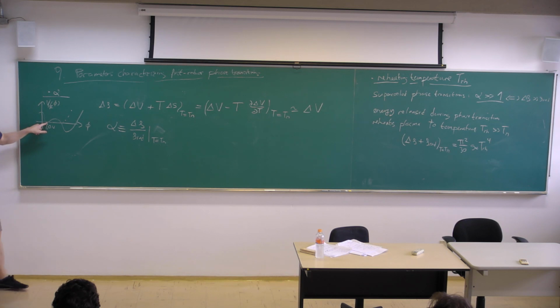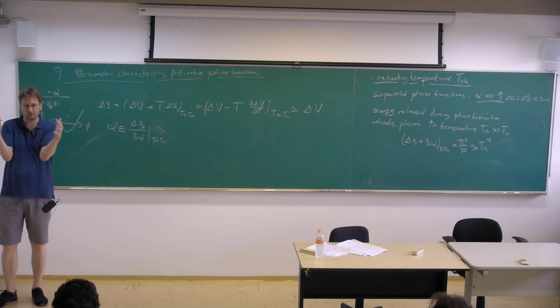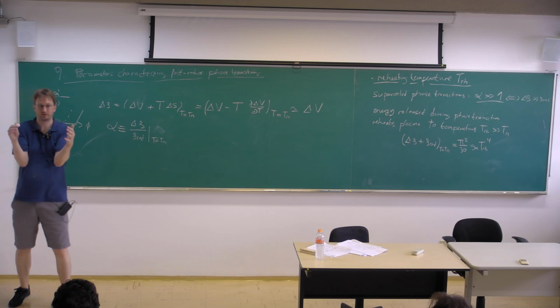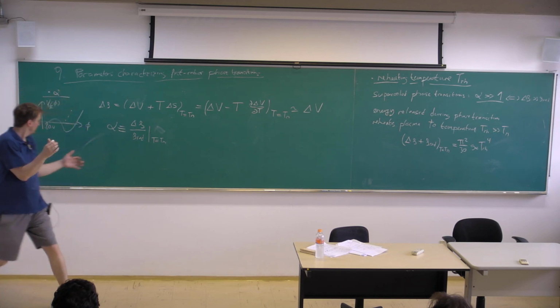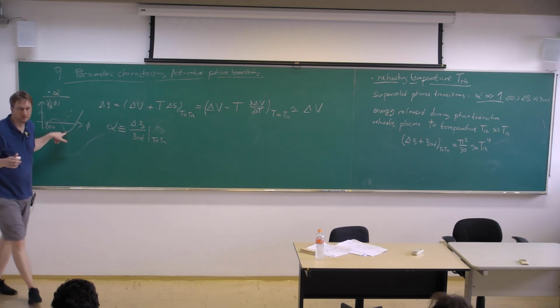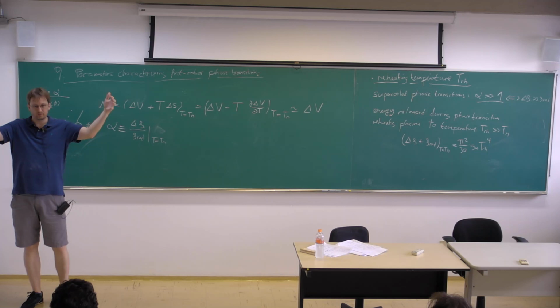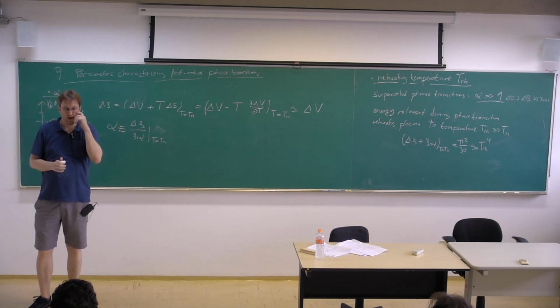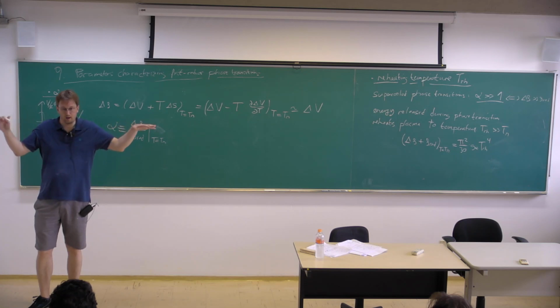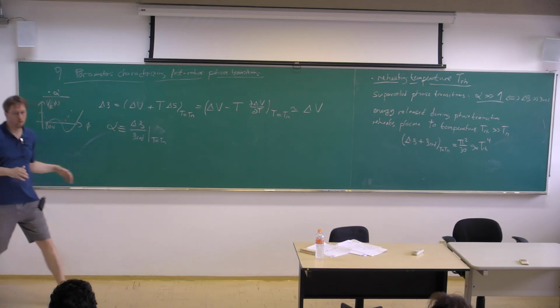Okay, and now the universe tunnels from here to here. So what happens is you form bubbles in certain regions of space. These are the regions where you have already tunneled. Outside you haven't yet tunneled. These bubbles then expand. Then there are other bubbles, they collide with other bubbles, and eventually everything is in the true vacuum, so the whole universe is here.